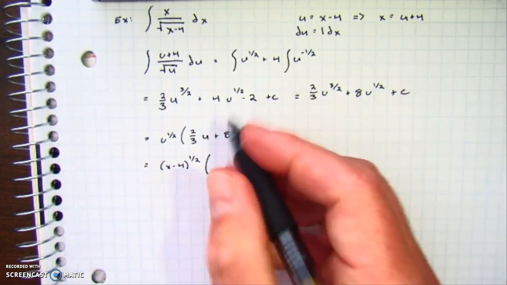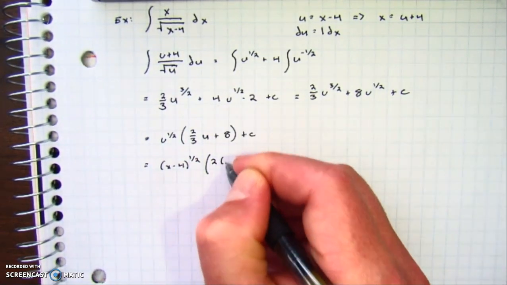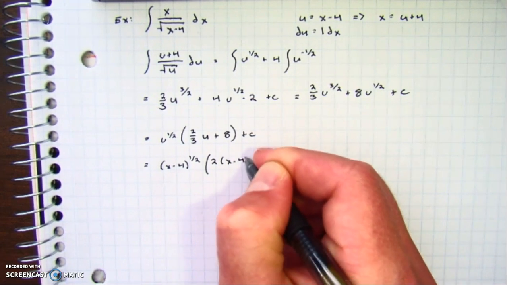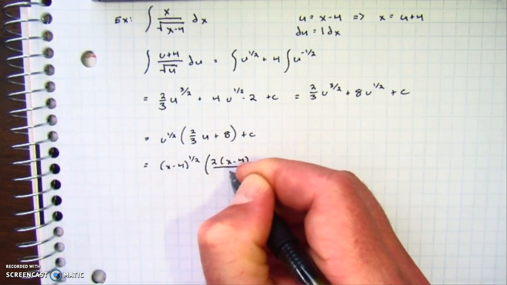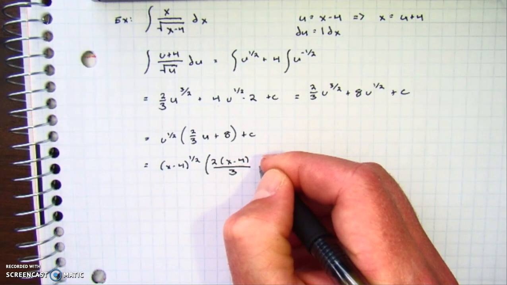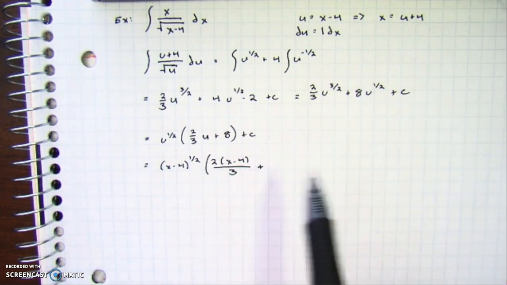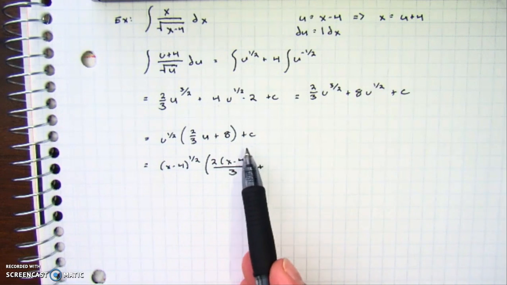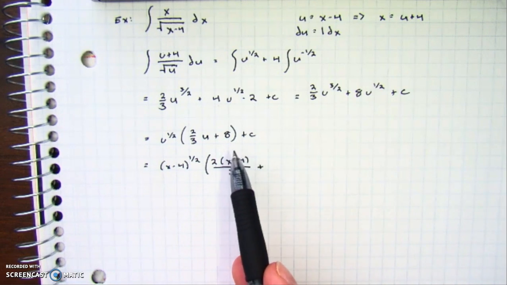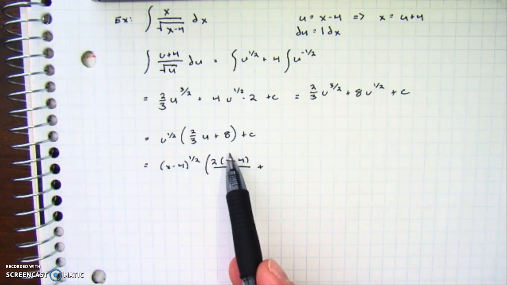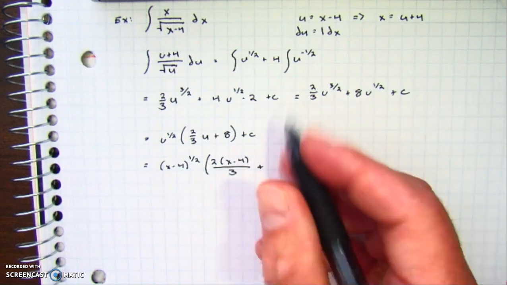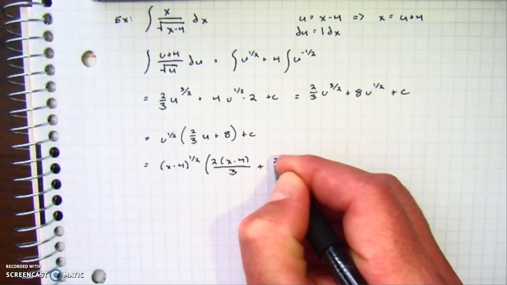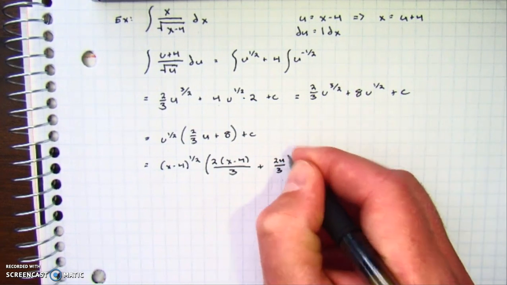Then I've got 2 times x minus 4 over 3 plus, and just for simplicity, I want to eventually make these into just one fraction. So I'm just going to make this denominator 3. So 3 times 8, that's 24 over 3.